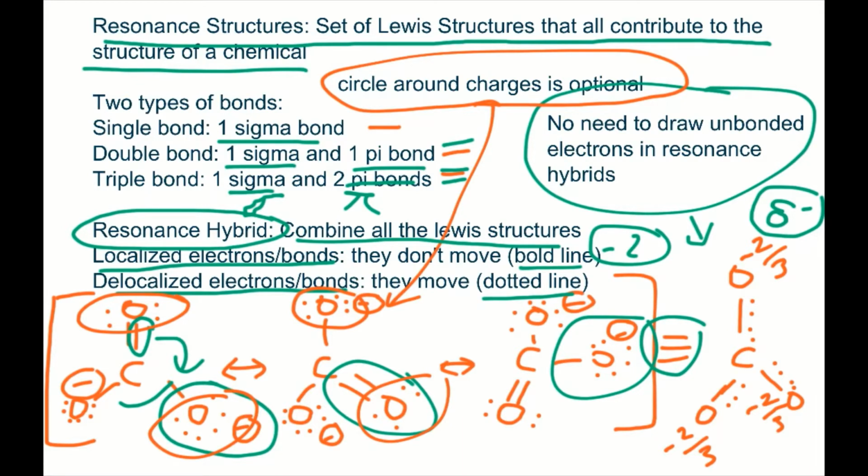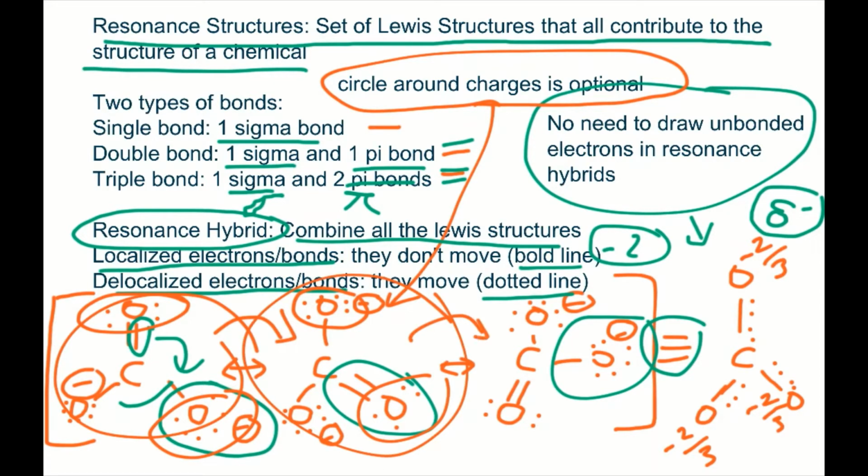Now, there's a safer way to think about this method. Instead of thinking about it as moving a double bond around, think of it as just rotating the molecule around. So, for example, this molecule rotates to become that, and that molecule rotates to become that. So think of it as a rotation.